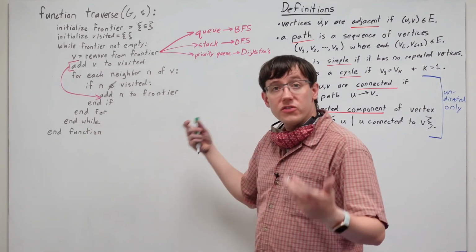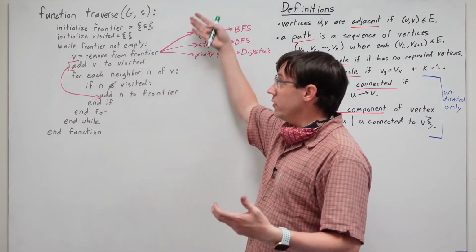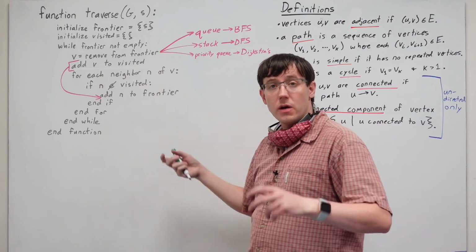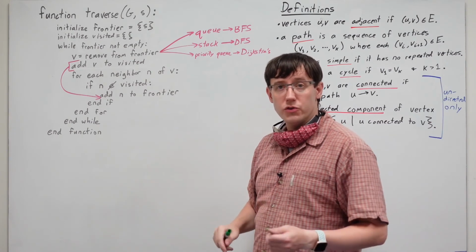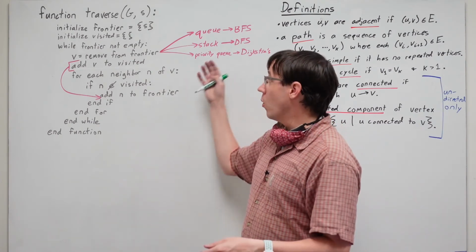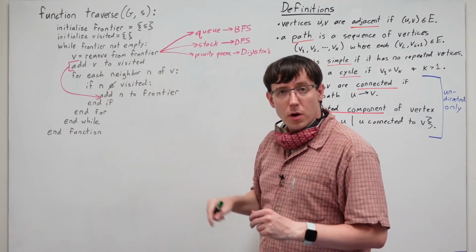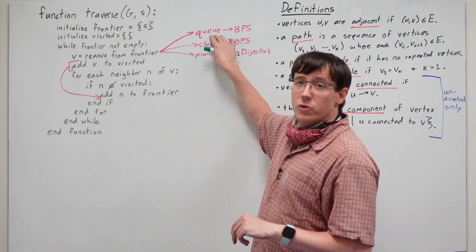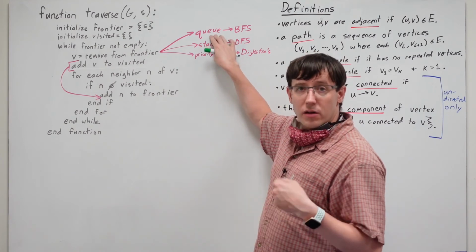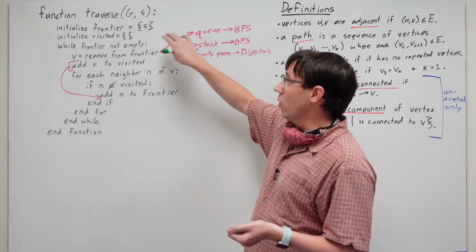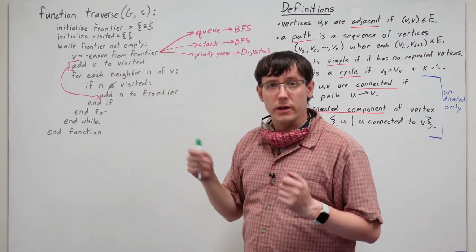For many of these steps in this algorithm, their efficiency depends very much on what data structures we choose to represent the graph, or the frontier, or the visited set. But let's for a moment assume that we are using a first in, first out queue for breadth-first search as our frontier.